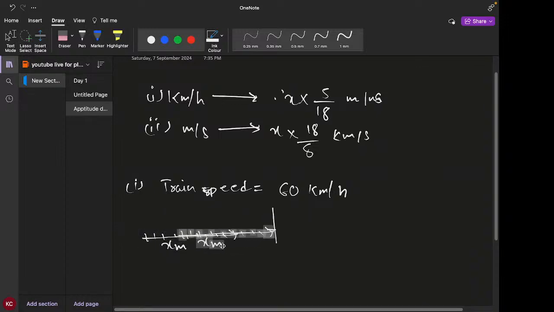Let's suppose it is here and it started to cross the pole, and it will cross only when it travels the actual size of its length. If it travels in 9 seconds from here to here, first the train will be here, and after some time the train will be here.